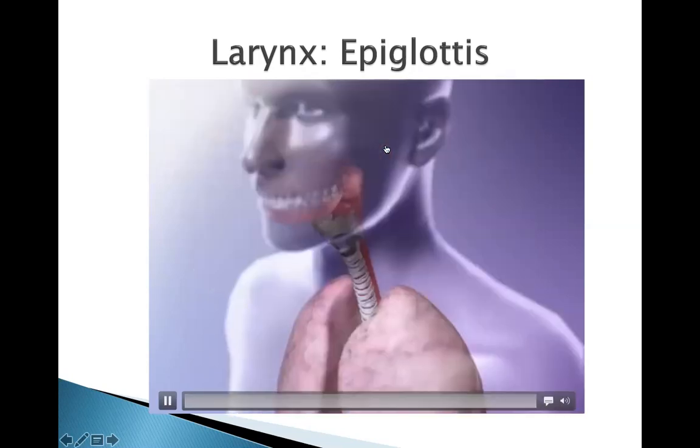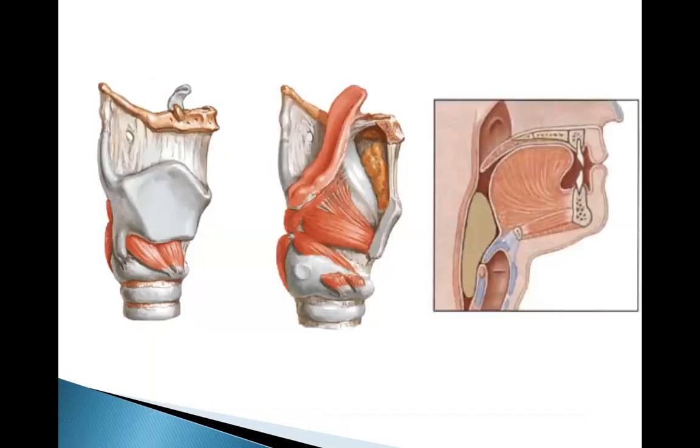All right, so we spent a lot of time in lab looking at the larynx, so you should be able to name all these amazing laryngeal cartilages and structures. Remember, of course, the hyoid bone, which is not the larynx, but is very important in association with the laryngeal position.